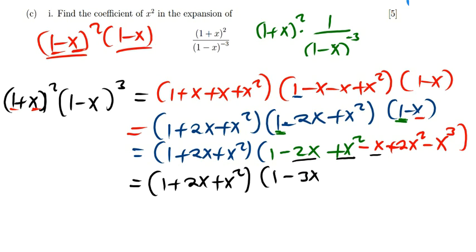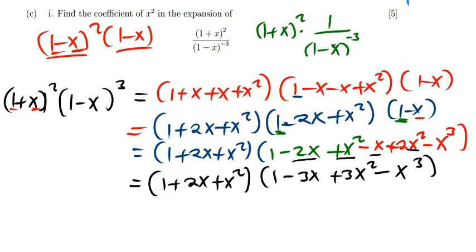Also this and that can be added, I'll end up having plus 3x squared. Then this is also alone, so I'll have x to the power 3. Now after reaching this point, we're supposed to multiply everything, but the question is asking us to find the coefficient of x squared.